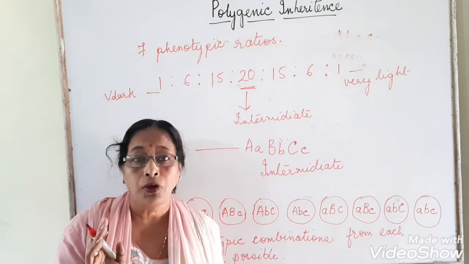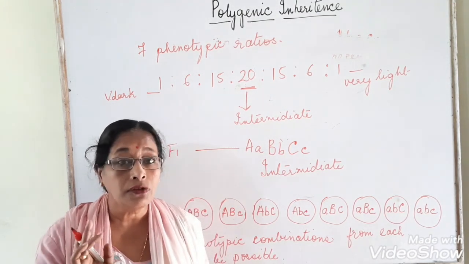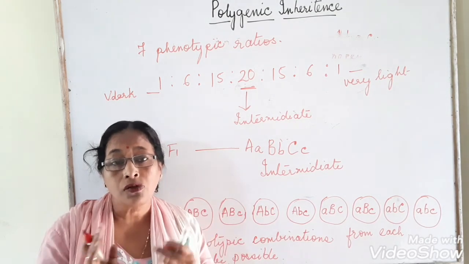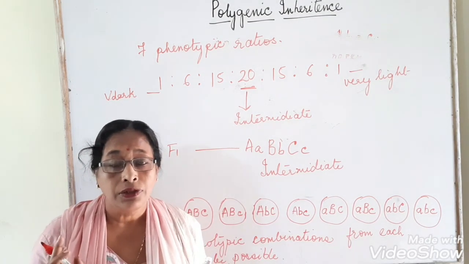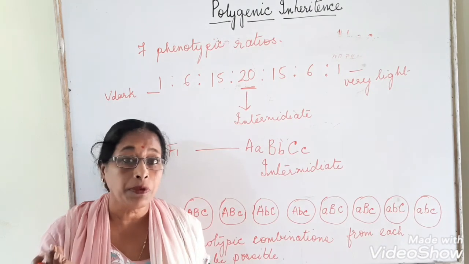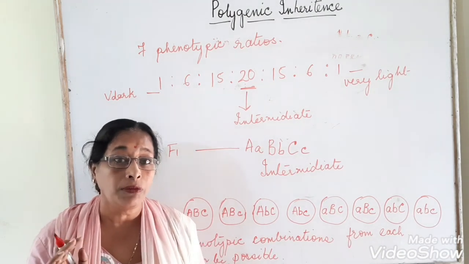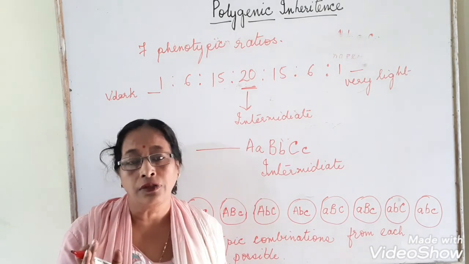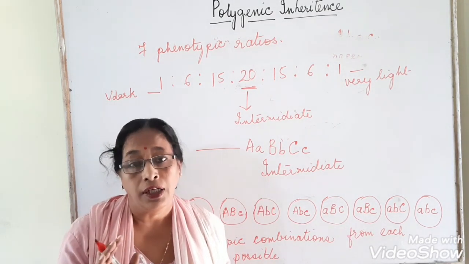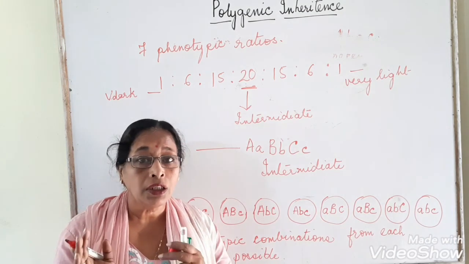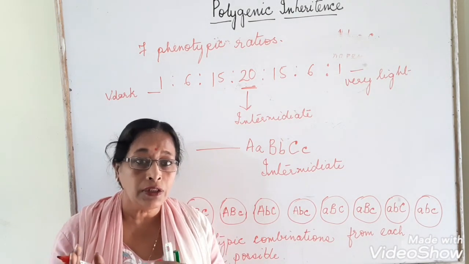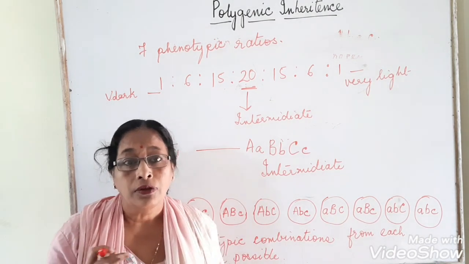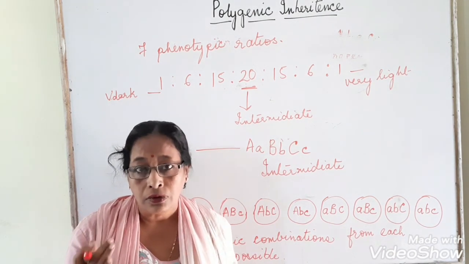Now what we see in polygenic inheritance is that it is a quantitative inheritance, means it depends on the number of dominant genes. A character is expressed by the number of dominant genes. Polygenic inheritance is a quantitative and cumulative inheritance. It is based on the number of dominant genes, and the addition of the genes keeps on varying the expression.